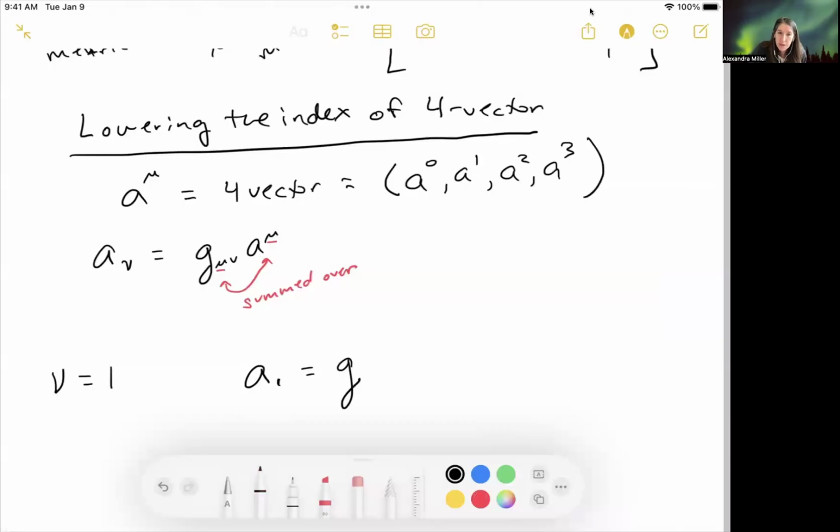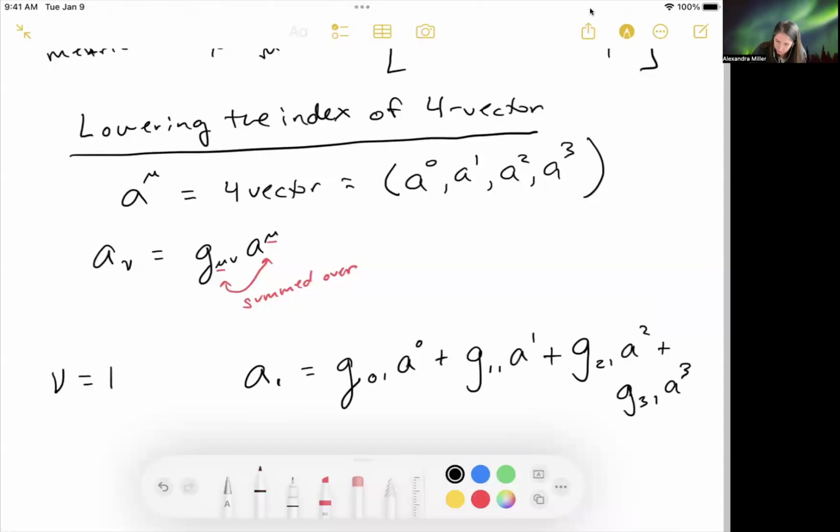I'm writing an equation where nu is set equal to 1, but mu is being summed over. So we have g01 a0, and then another term, g11 a1, plus another term, g21 a2, plus another term, g31 a3.